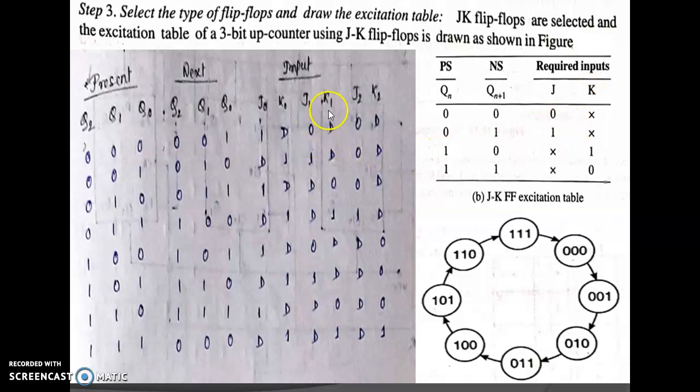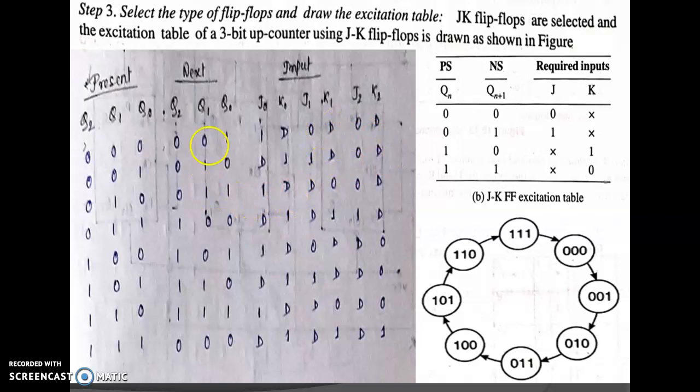Next, present state Q1 value 0, next state Q1 value 1. This time the value is 1 and D. We will extract the remaining values of the J1 K1 flip-flop in the same process.